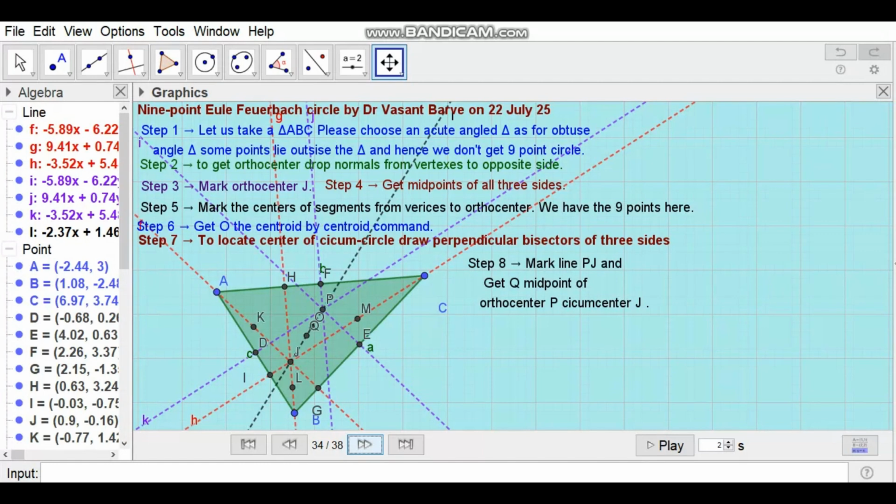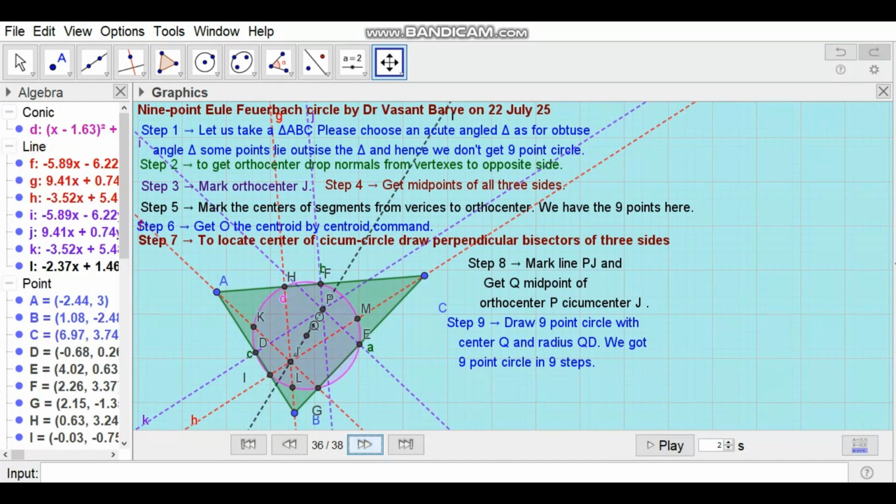Okay, and please note that from this particular midpoint we can draw the 9-point circle with center Q and radius QD or QA or, not QA, QD or QE, etc. Whatever 9-point is there, you can select one of those, and we get the 9-point circle.